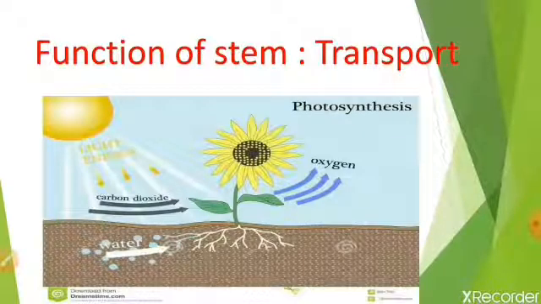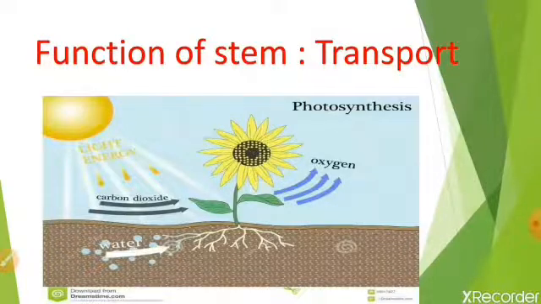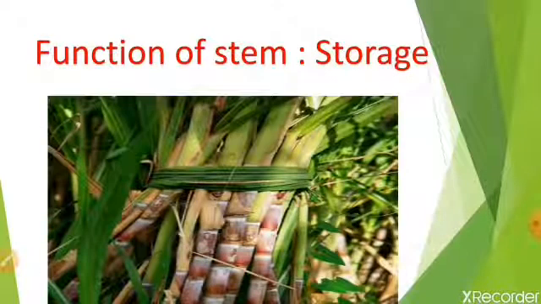And also it transports the prepared food from the leaves to other parts through the stem. And in some plants, the stem can store extra food. For example, sugar cane. I hope you have clearly understood about the stem parts as well as its function.